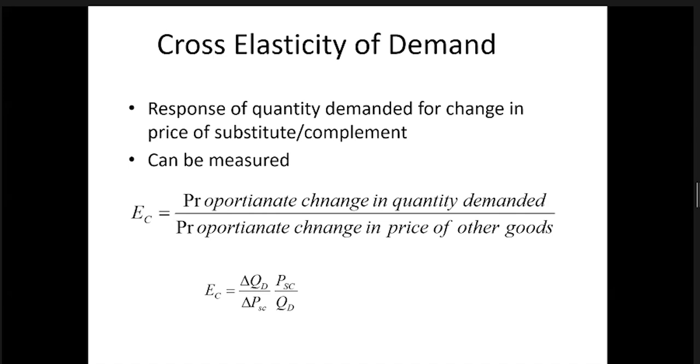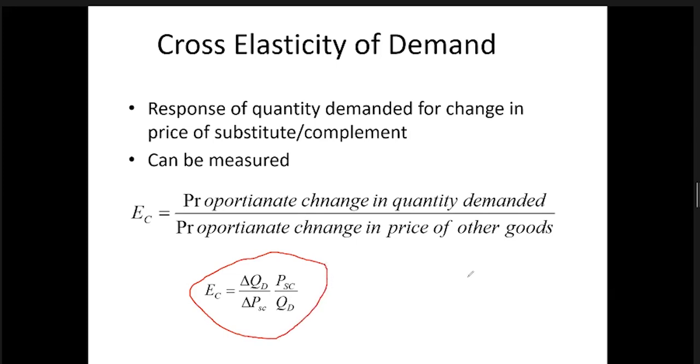So we are going to get the proportionate change in quantity demanded. We divide that by the proportionate change in price of the other good. So finally, we can set the point elasticity equation, something like this.